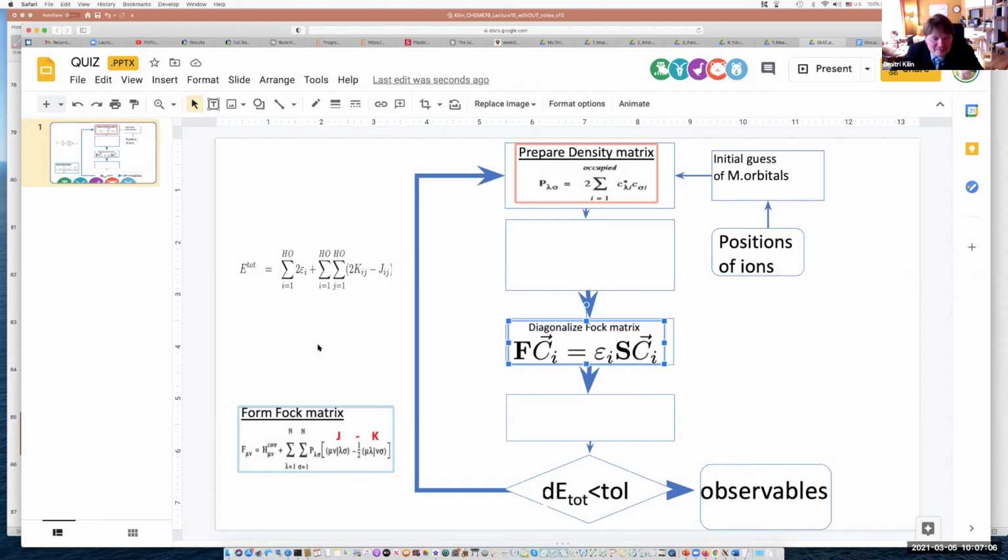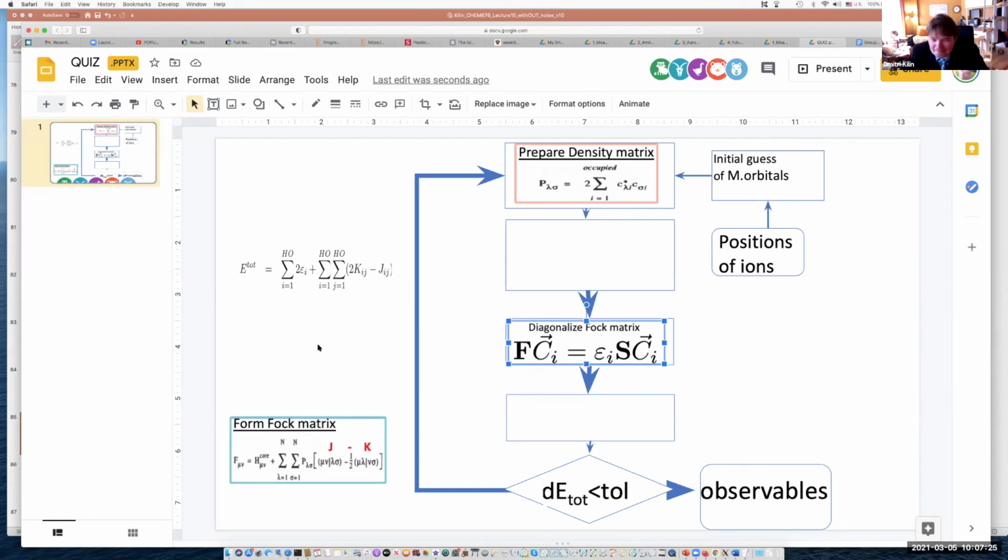Steven. Now you have a 50% chance of success, even if you move them randomly. So which box are you planning to move? Okay, I'm planning to move the form Fock matrix. And where are you planning to move it?